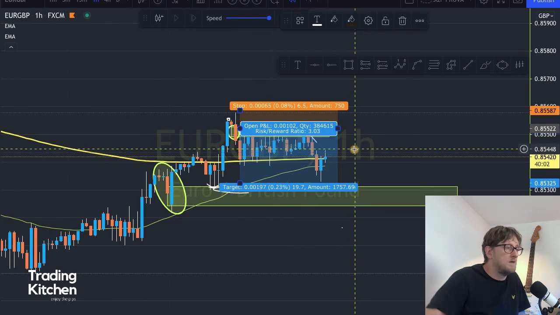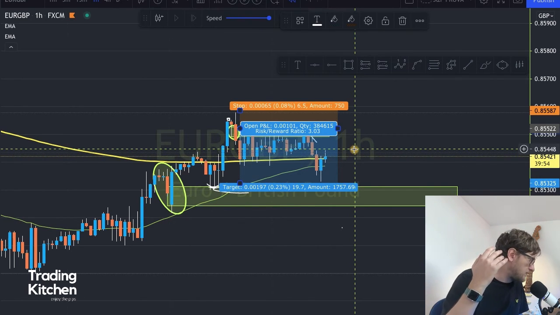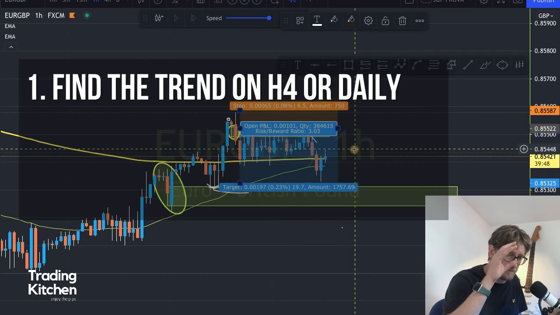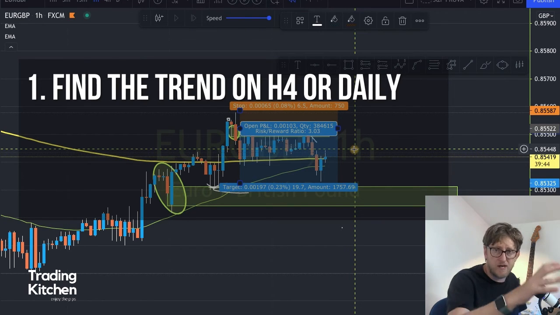Okay, guys, this is a very, very easy strategy that you can use on Forex, on commodities, on indices. Start from the 4-hour time frame or the daily time frame to understand the direction in which you have to go.